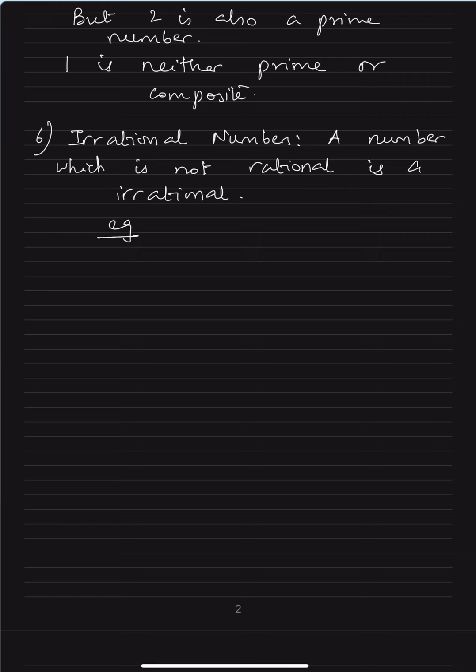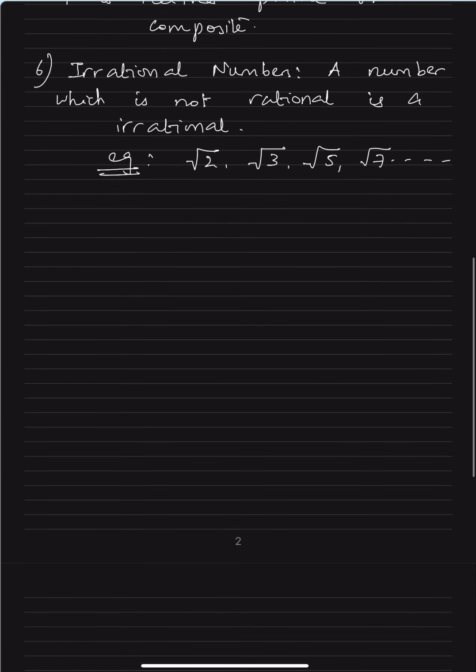Now suppose if I give you an example, under root of 2, we don't know the value, we need to find it out. Under root of 3, under root of 5, under root of 7 and so on. Under root of 4 you cannot take because it is a perfect square. Correct?